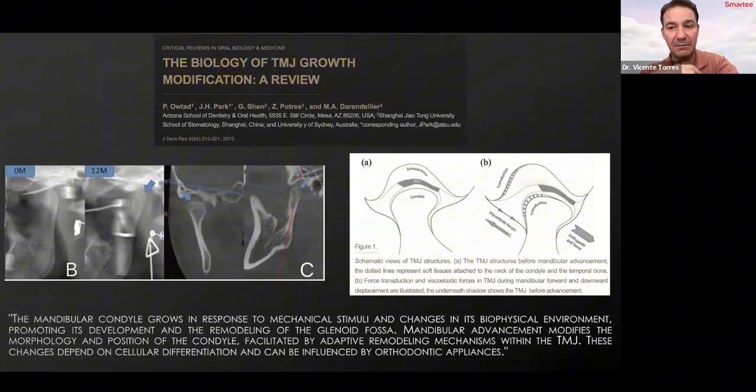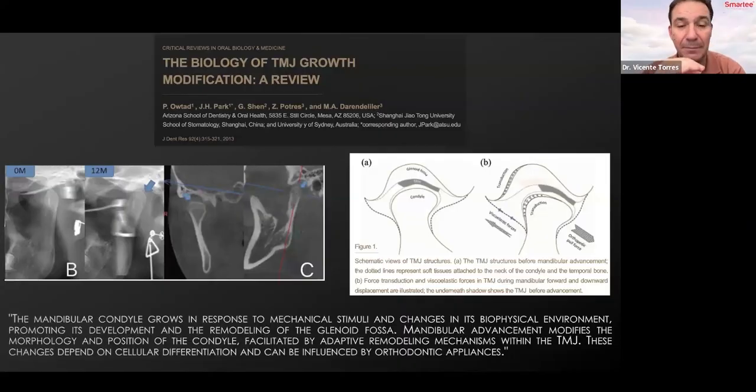But this is the same. So if you make this orthopedic pull force and you're moving the condyle downward and forward, the viscoelastic force makes the remodeling of the bone upward and backward.